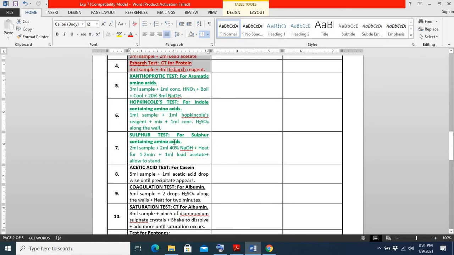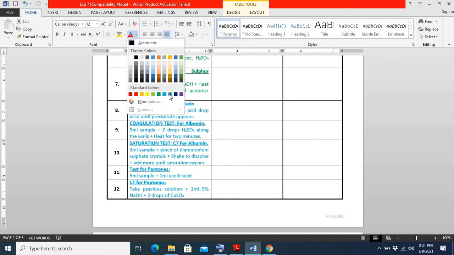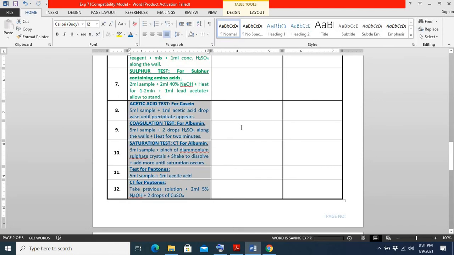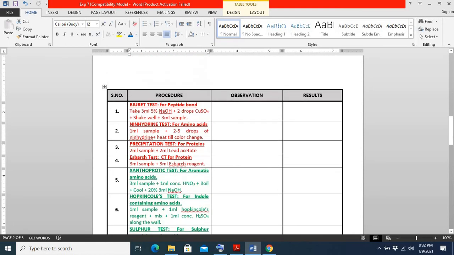The last part of our experiment is finding out what class of protein is present in the sample. Either it is casein, the milk protein, or albumin, the egg protein, or peptone. I am highlighting them in blue for your convenience, so that you can understand that each experiment consists of three parts.